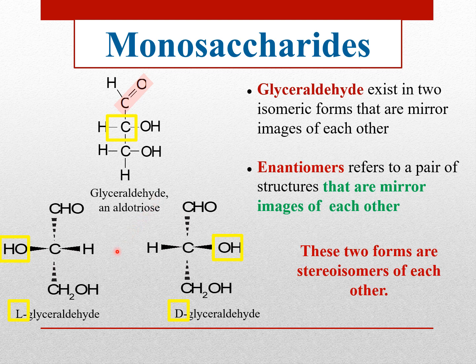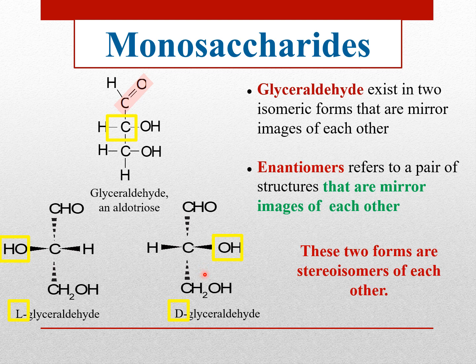But this is called the Fischer projection, where shown here, one carbon is attached to hydrogen and OH, and then the carbonyl will always be put on top, and then CH2OH. And these are called isomers, and they can also be called enantiomers. Enantiomers are similar in terms of number of carbon, hydrogen, oxygen.